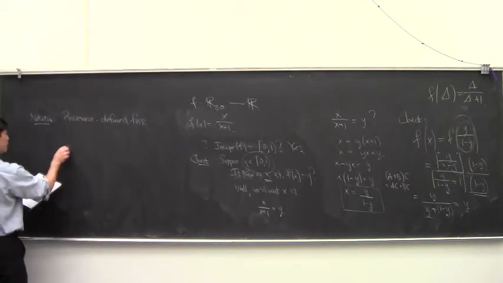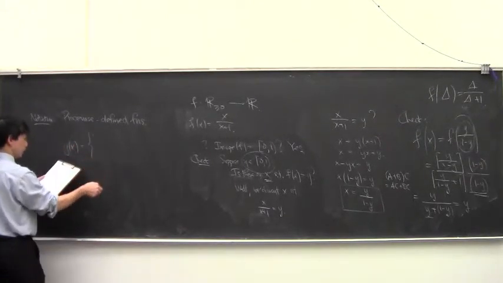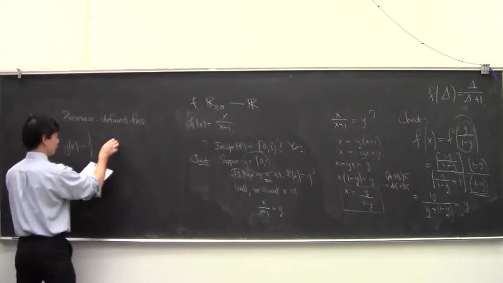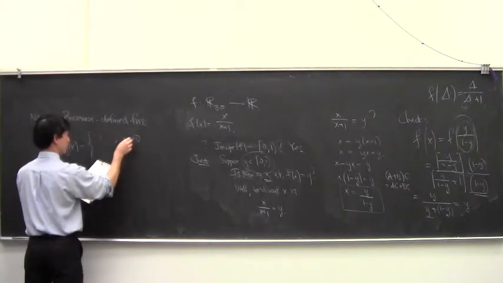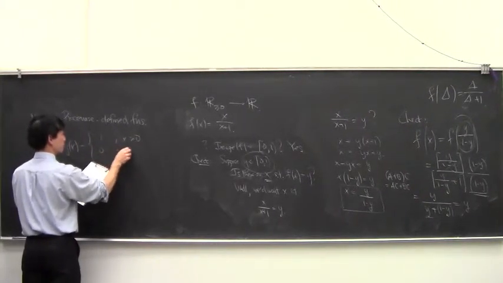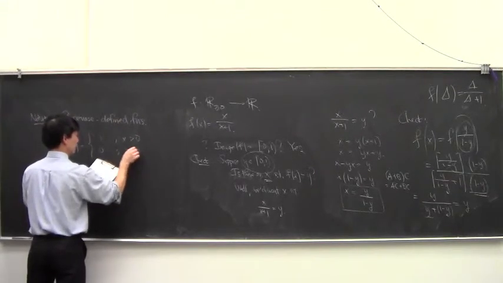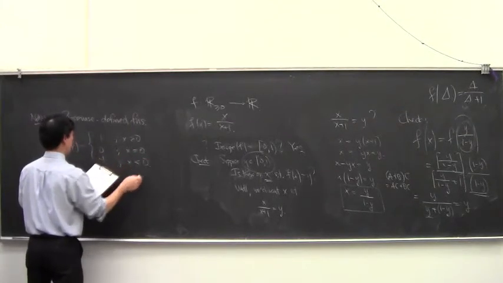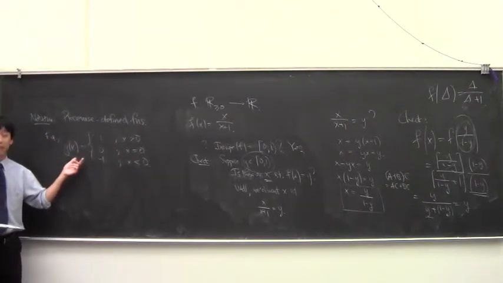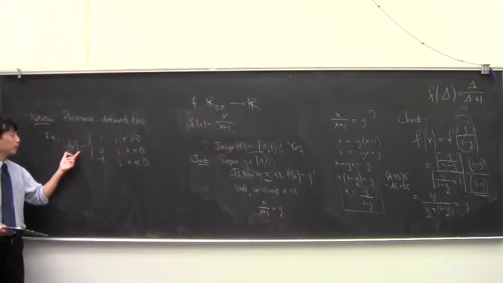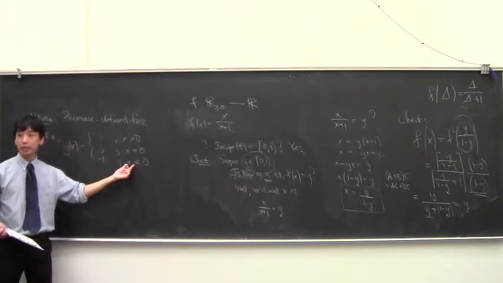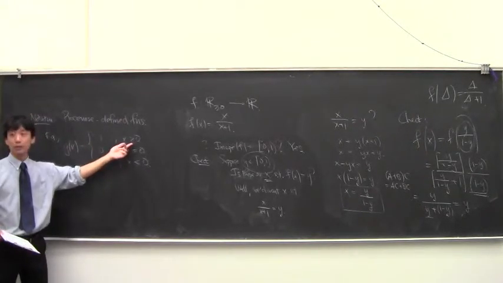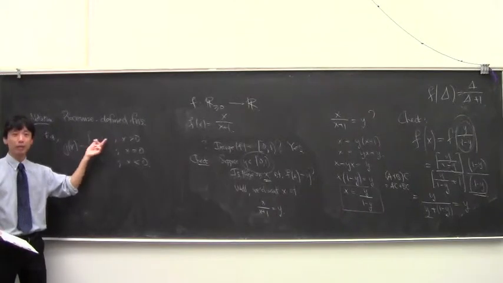If I write g of x is 1 for x bigger than 0, and 0 for x equals 0, and -1 for x less than 0, then I think you know what I mean, right? It says that if your x's are negative, it's going to give you back a -1. If you feed in 0, it's going to give you a 0. If you feed in a positive number, this function will give you back a 1.